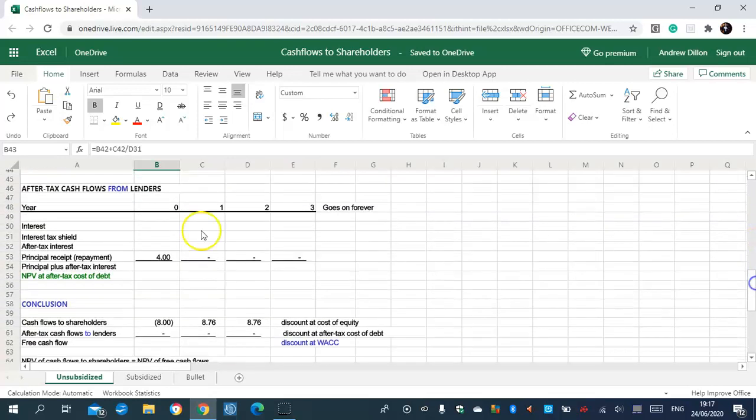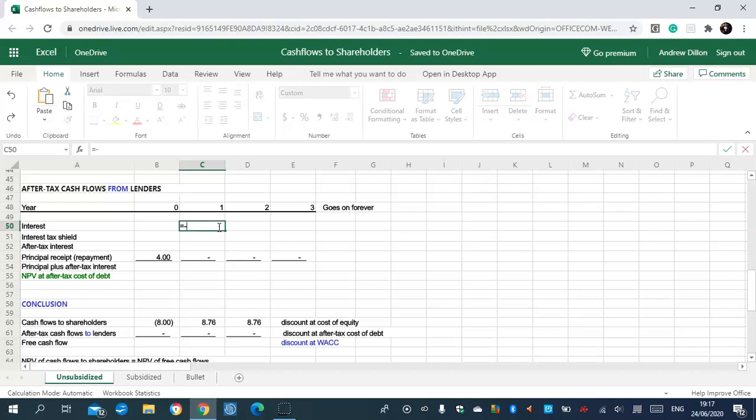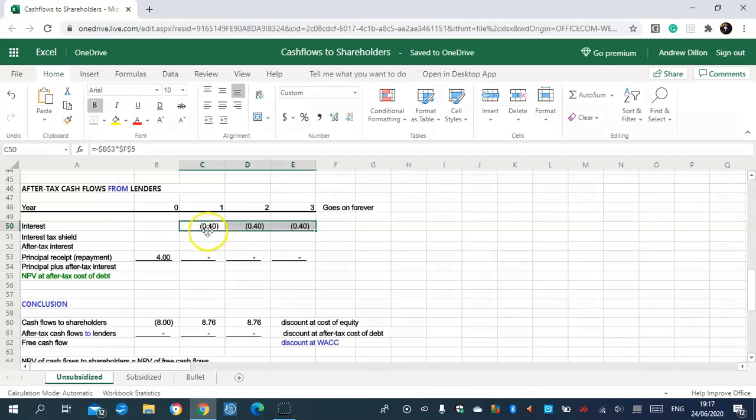Yeah, next step calculates the interest for after tax cash flows from lenders. Now the next step, interest tax shield.